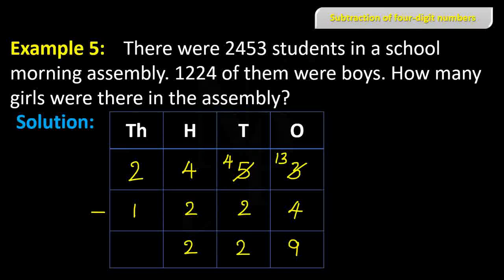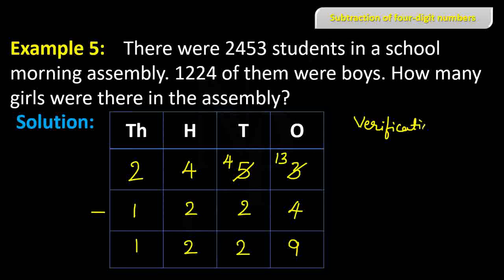Here 2 minus 1 is equal to 1. 1229 is the difference which gives the number of girls. Now let us verify our answer. Verification.